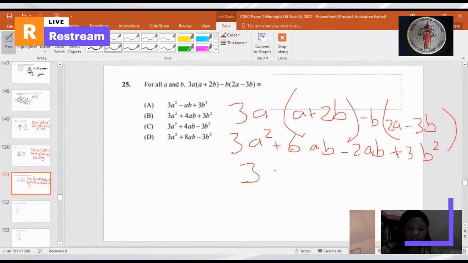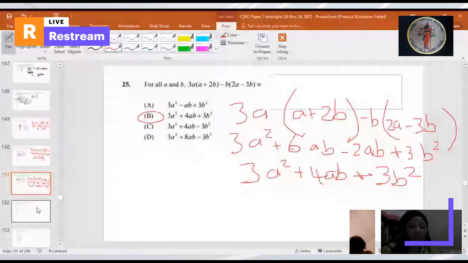And in the middle, we have 6ab minus ab, so that's a positive 5ab. And we have a positive 3b squared. That's B.